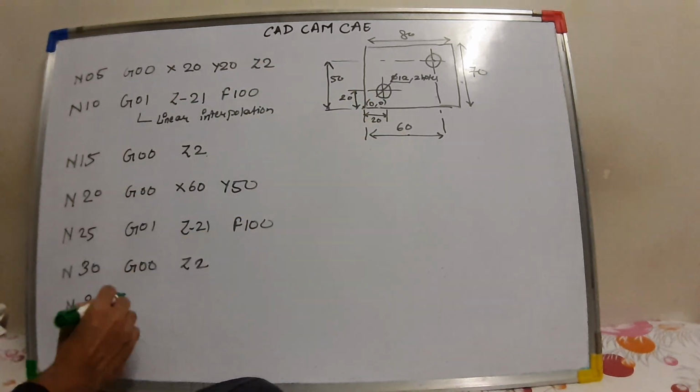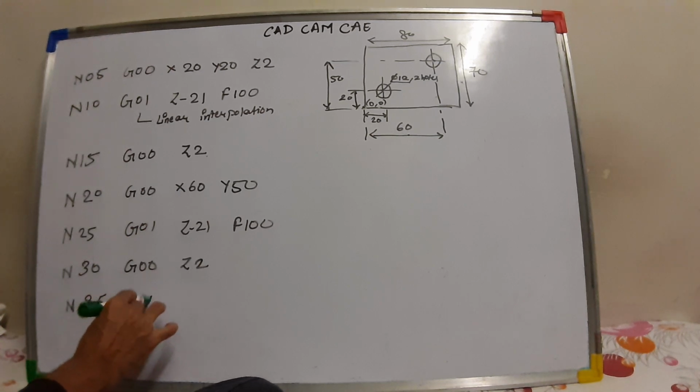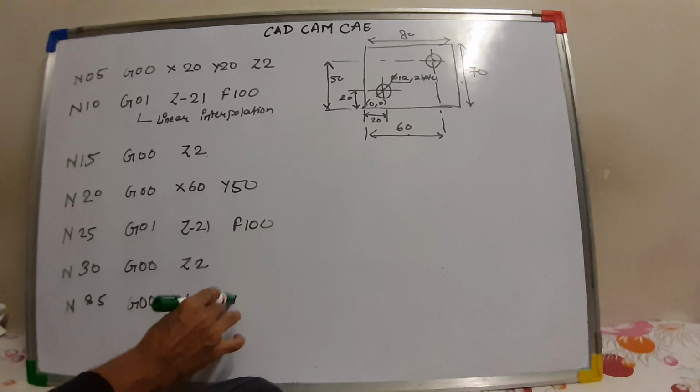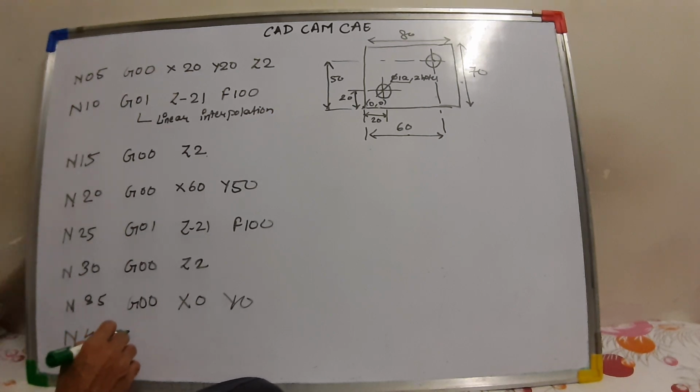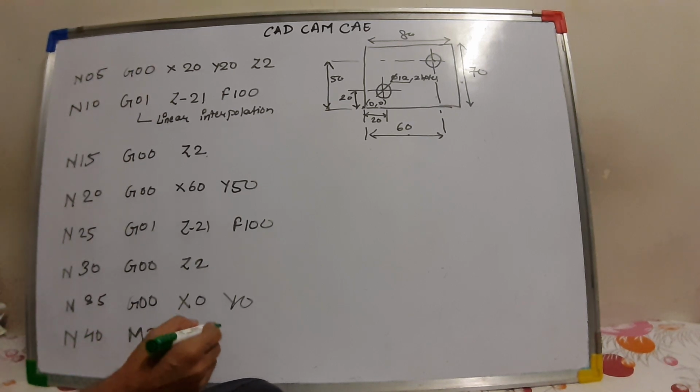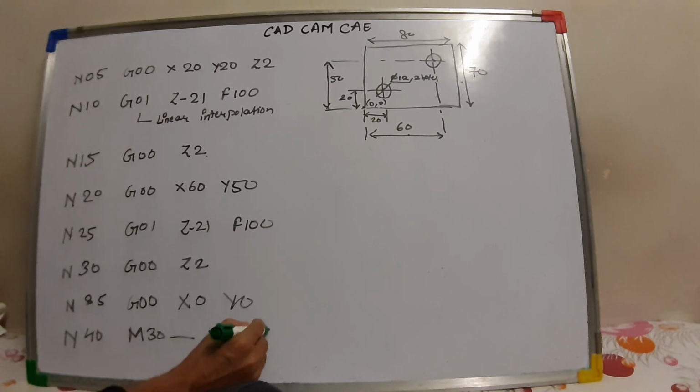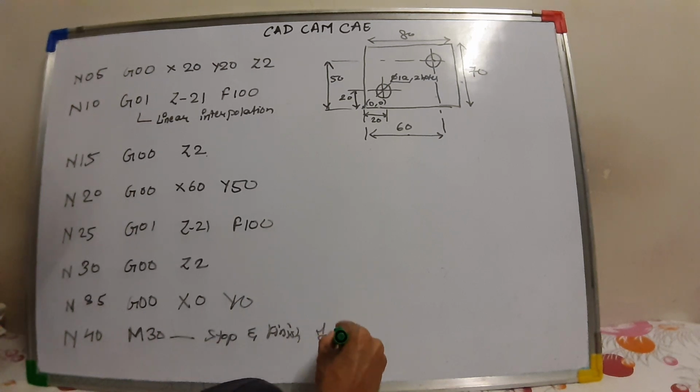The drilling operation is already done, so you can take it to G00 X0 Y0, and last N40, that will be the last, M30. So that is stop and finish of program.